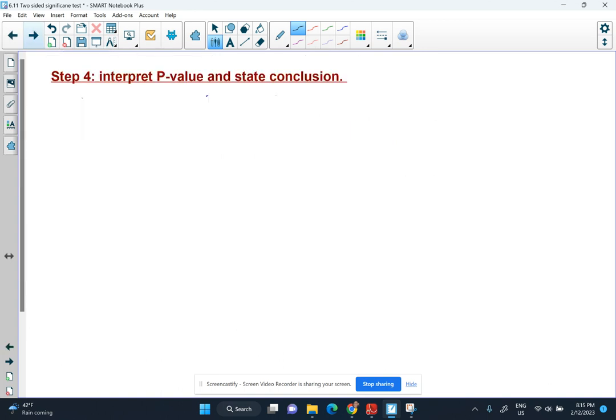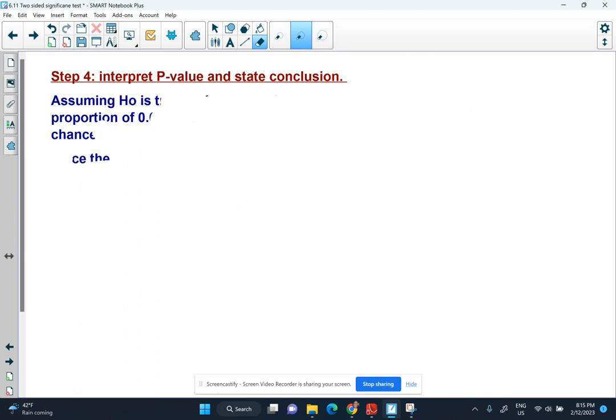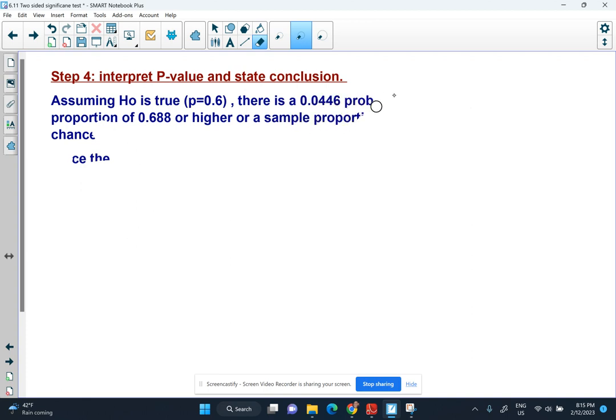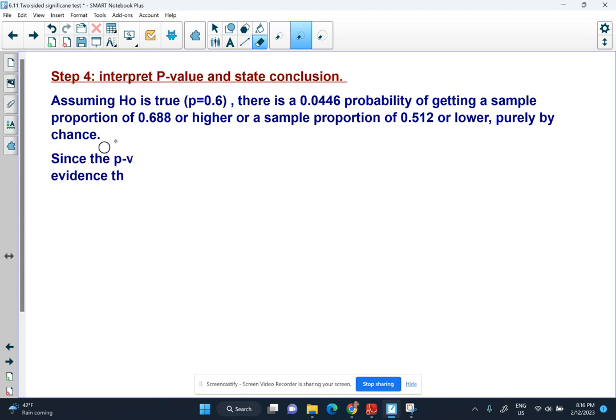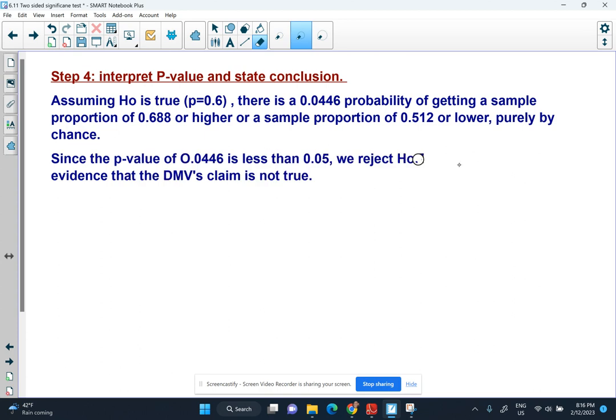So how do we write this up? Let me erase this. You have to interpret the p-value. And I find that the picture that we drew on the prior slide is extremely useful. Sorry, this is taking a long time to erase.